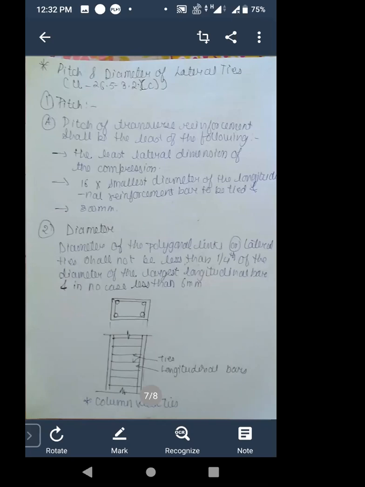Pitch means what? Pitch of the transverse reinforcement shall be at least the least lateral dimension. Pitch is nothing but the spacing between the ties. It is the least lateral dimension of the compression member, or 16 times the smallest diameter of the longitudinal reinforcement bar to be tied, or 300 mm, whichever is the least.